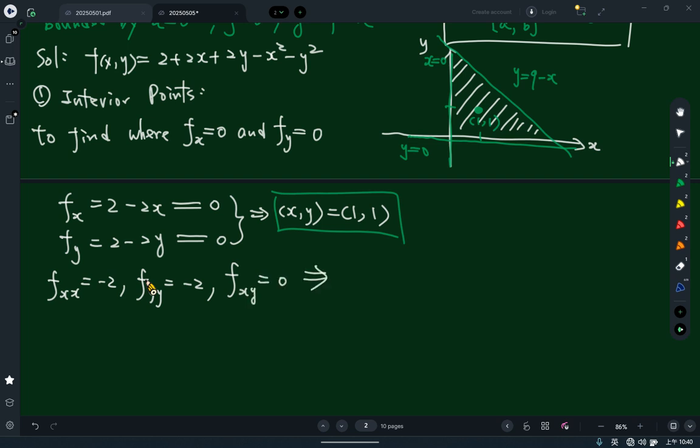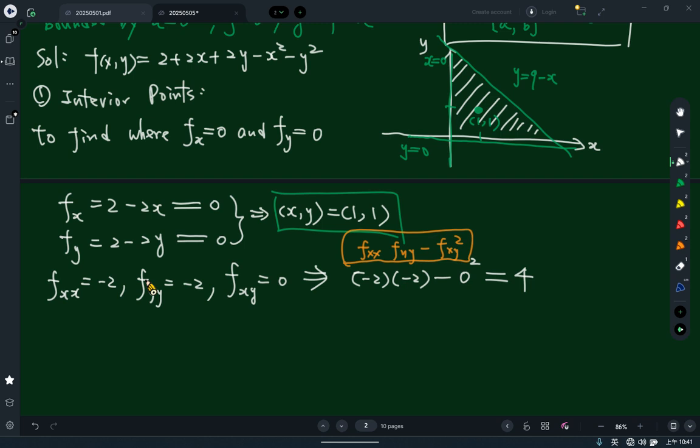So we can get the discriminant by -2 times -2 minus 0 squared. So maybe I just note it down here for your reference. And this is the discriminant, right? And we can see the number is 4.